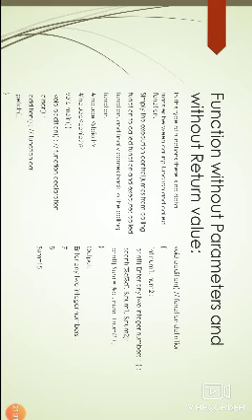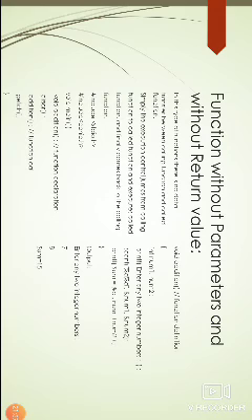Now here I am declaring a function, that is void addition with no parameters. That is empty parenthesis, there are no parameters in this function. It is a void type, and void means it doesn't return any value. After that we have clrscr that is used to clear the output screen.